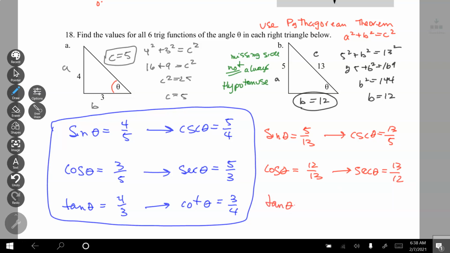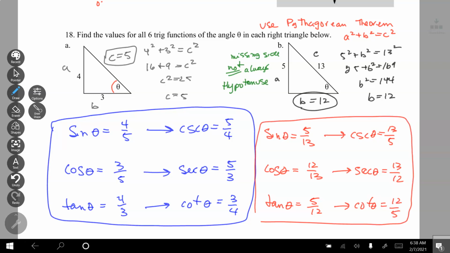And tangent of theta is opposite over adjacent, and cotangent is its reciprocal. Okay, and there are all 6 trig functions.